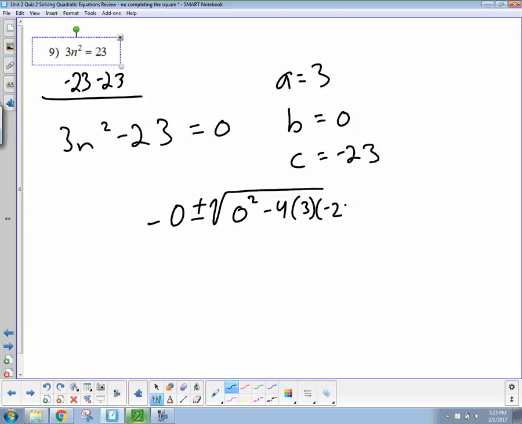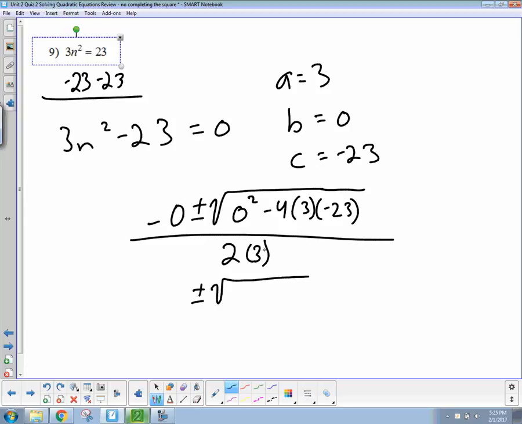I'm doing this from memory because I'm in beast mode. This all simplifies to plus or minus root, I'm plugging this in my calculator, 4 times 23 times 3. Two negatives make a positive, so that's going to be 276 all over 6, because 2 times 3.